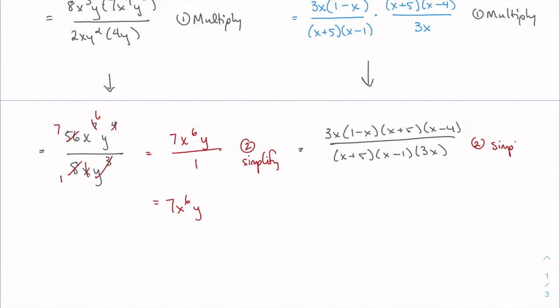So let's simplify. All right, so I see an x plus 5 in common. I see a 3x in common. Those can cancel out, and I'm kind of intrigued by this 1 minus x and this x minus 1. They look very similar. And the truth is, when they're similar like this, they cancel as long as there's a negative 1 left over.